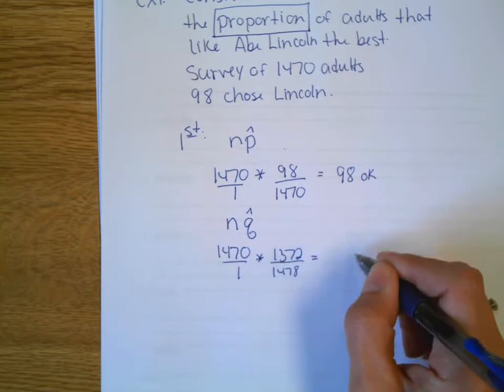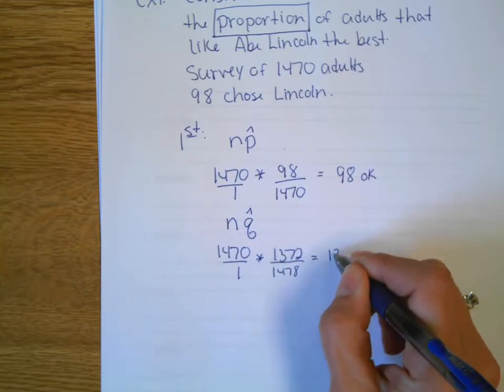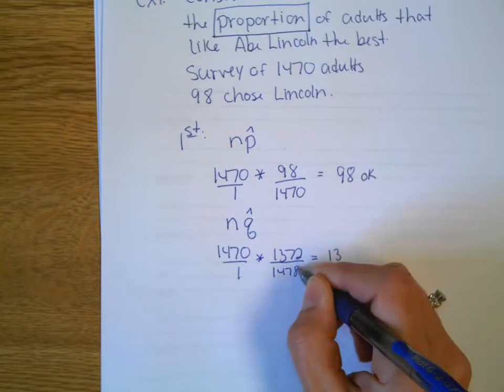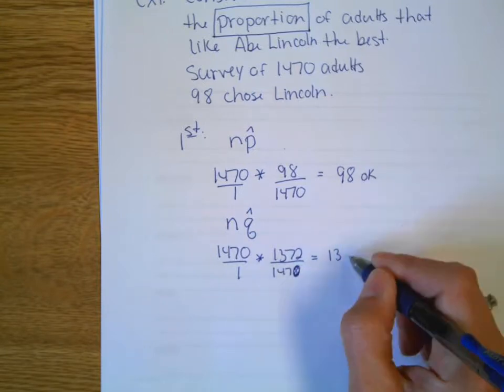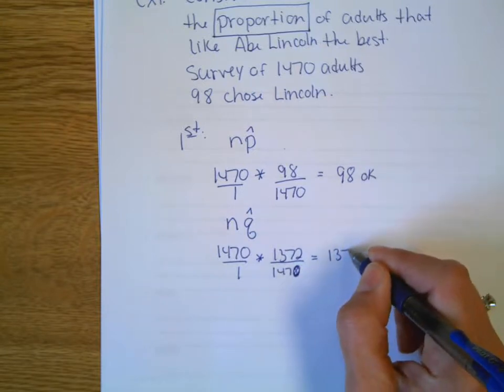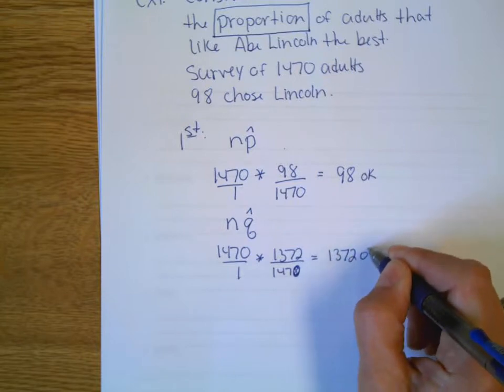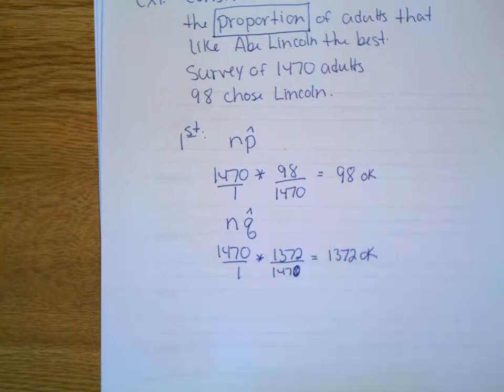And we're going to get 1,003. I must have been looking at that 98. That's definitely over 5, so we're good to go. If either one was less than 5, can't do it, move on to the next problem.